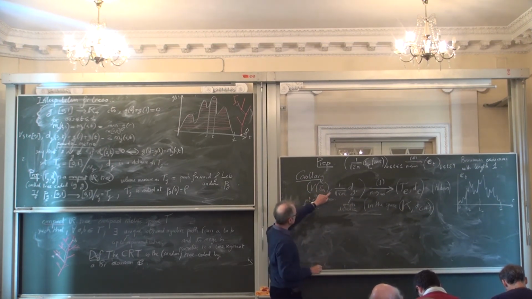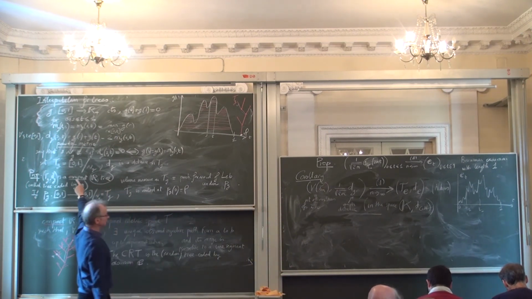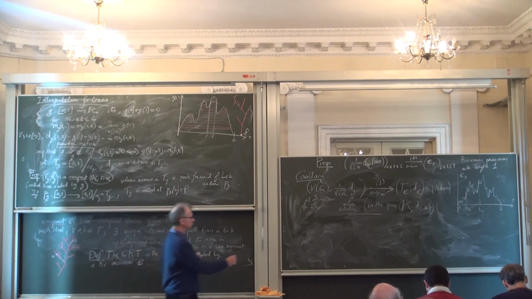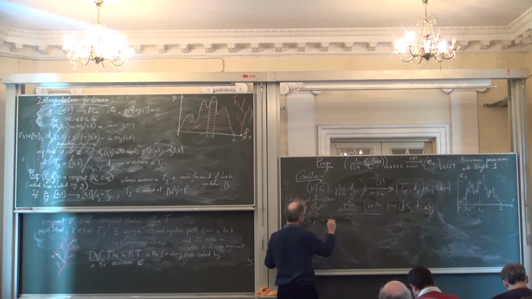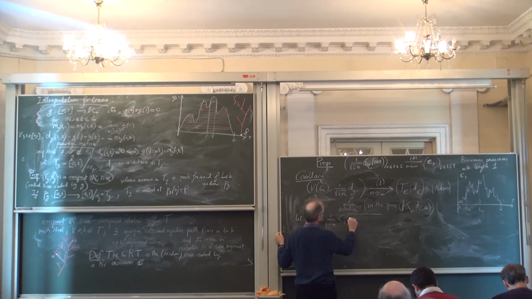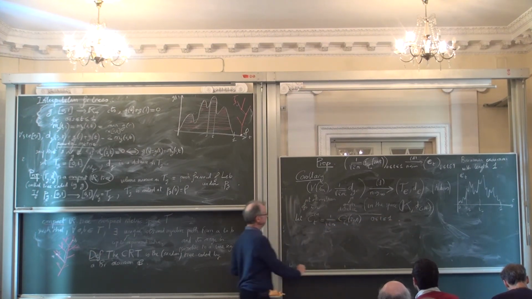Essentially, we are going to interpret this object here also as a tree coded by a certain function. So let me set C_n of t to be this function here: 1 over square root of 2n, C_{2nt}.